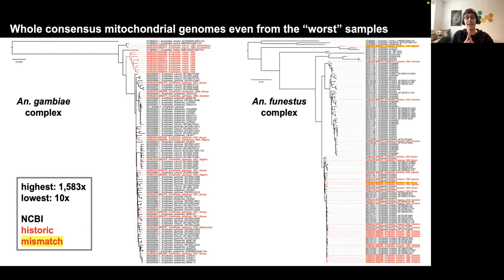But what is interesting here is you have these 2 samples highlighted in yellow. And these 2 samples had a mismatch between what they were determined to be based on their morphology and what we saw in the mitochondria. And so we were able to reclassify them in their correct group.